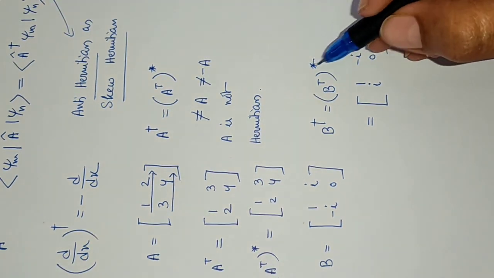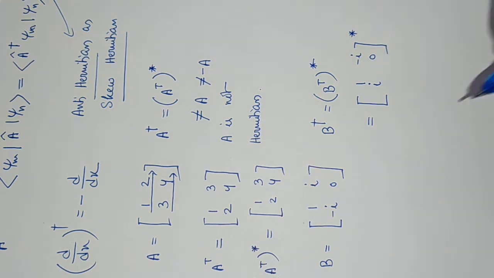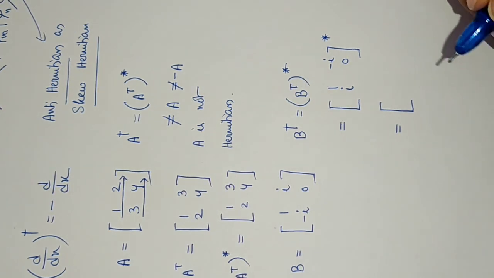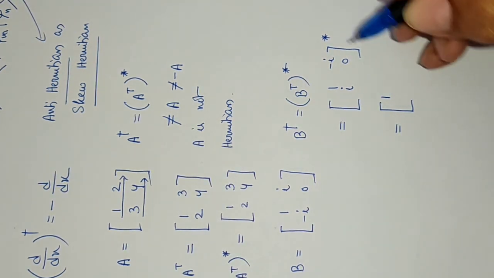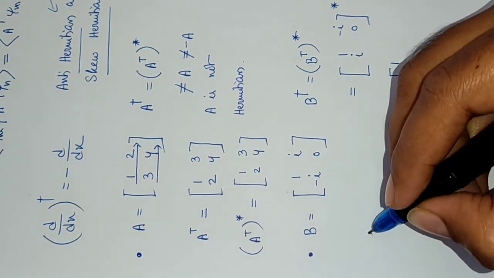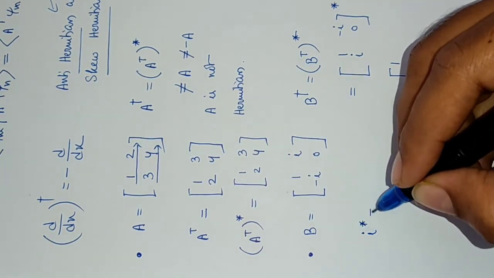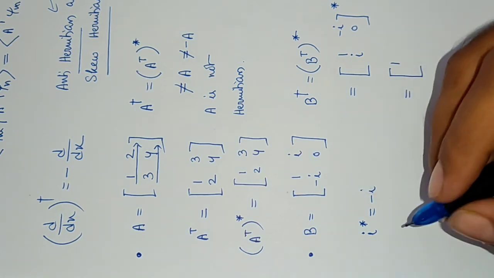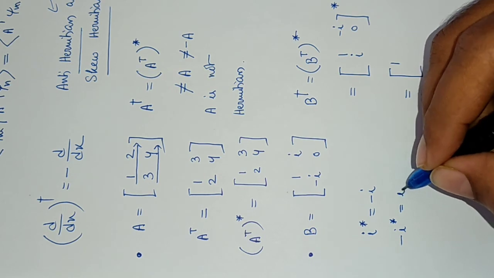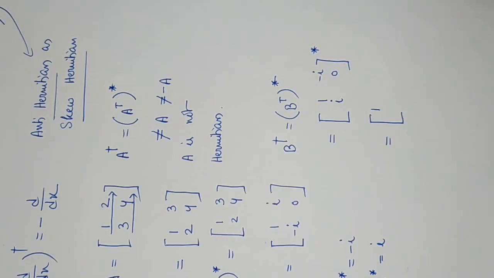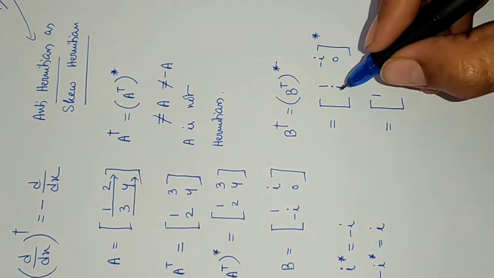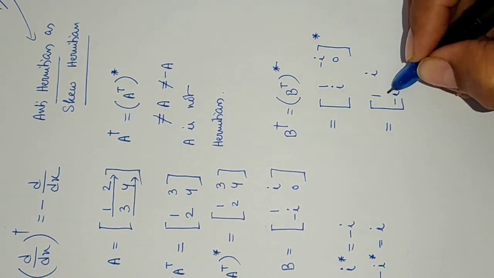Now, the conjugate part is left. It will act upon the imaginary parts, and 1 star will be 1. Now, what happens to i? i star will be minus i. Minus i star will be plus i. So we put here minus i star, so it will be i. This is i, so it will be minus i.